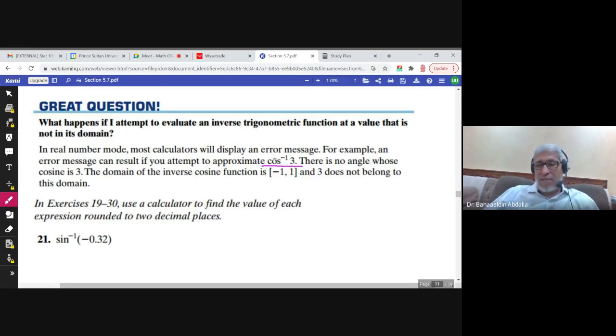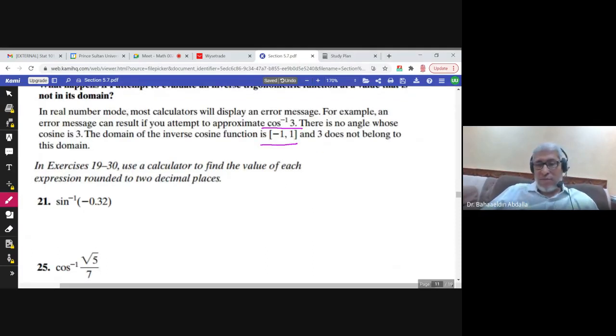Well, we know that the domain of cosine inverse is the range of cosine, which is from negative 1 to 1. So you have to ask the calculator for cosine inverse of a number between negative 1 and 1. If you ask the calculator for cosine inverse 3, the calculator will say math error. So you will know that 3 is not in the domain of cosine inverse.